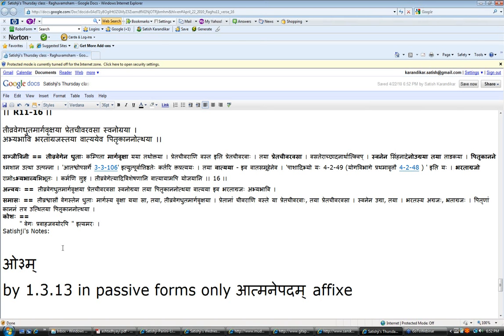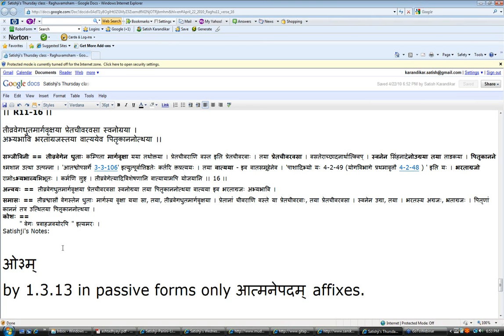One more thing about passive is that if you have the passive form and the following pratyaya is a sarvadhatukam, then you get sarvadhatuke yak. So basically in these 4 lakaras, the lat, lot, lung and vidhiling, you will have the passive marker ya coming in, like drishyate, gamyate, anubhuyate.